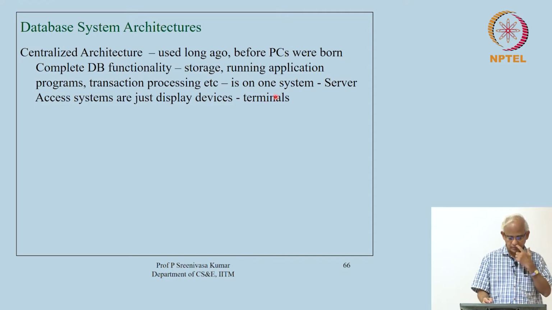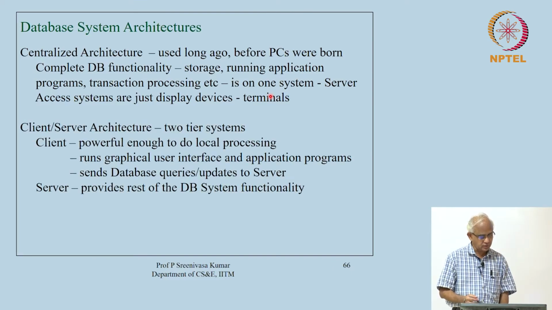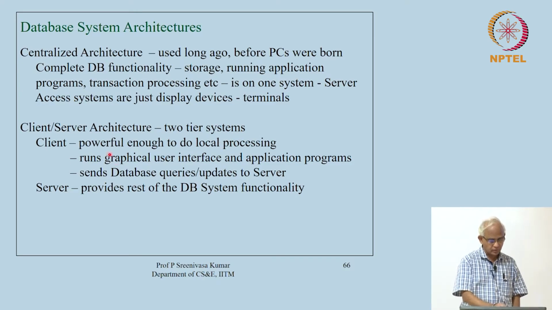So, that is the initial architecture, but nowadays we go for multi-tier kind of architectures. A basic client server architecture is what we will use in this set of slides. We will talk about the two-tier kind of systems, where the client is reasonably powerful, and it can do some local processing.